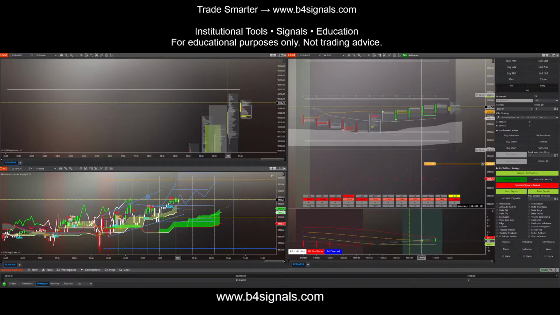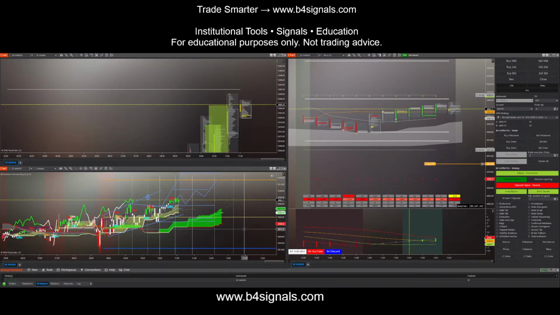So heavy hands, buying. We're at the zero. Potential bullish. Ichimoku wise, we got to get above our bracket right there.